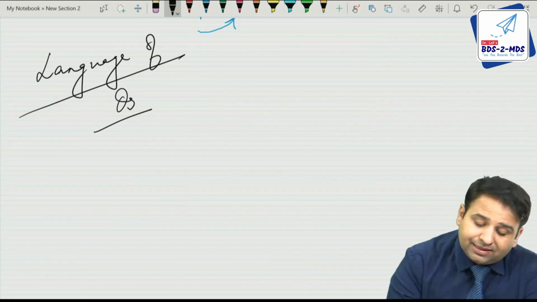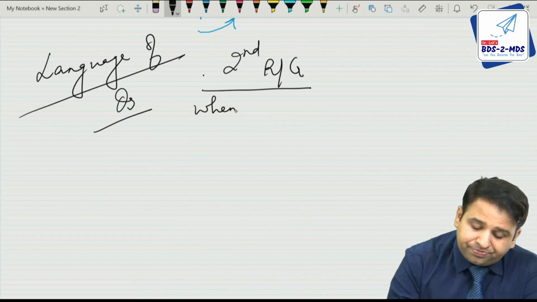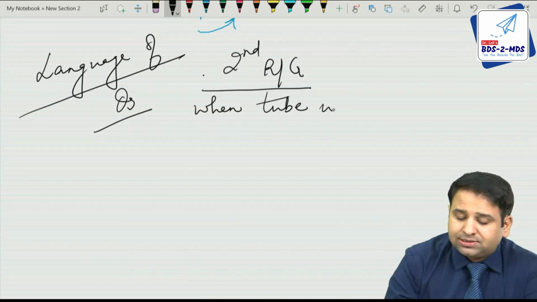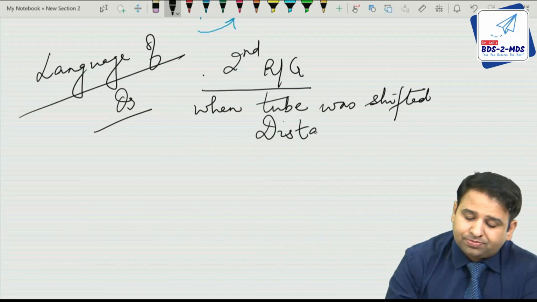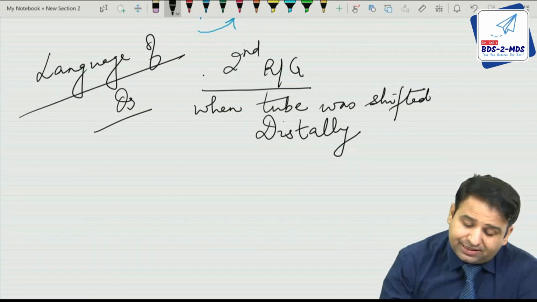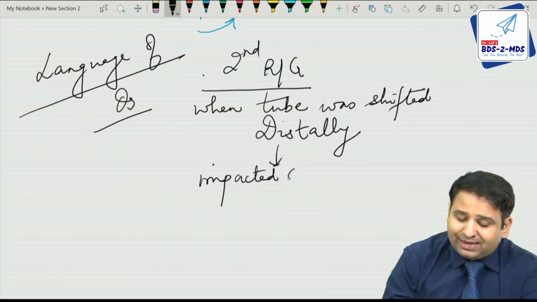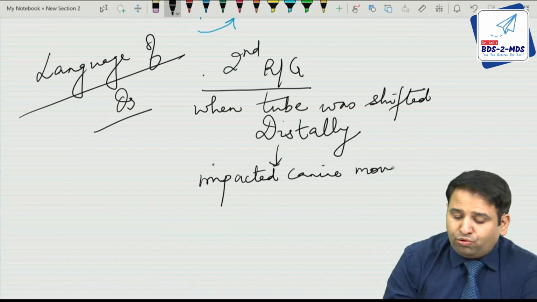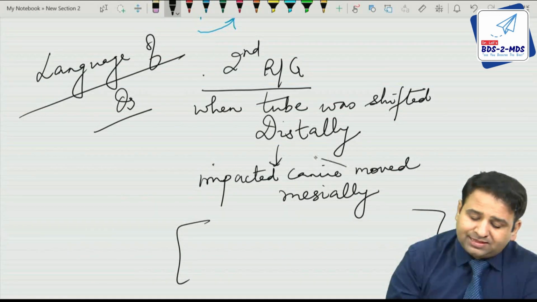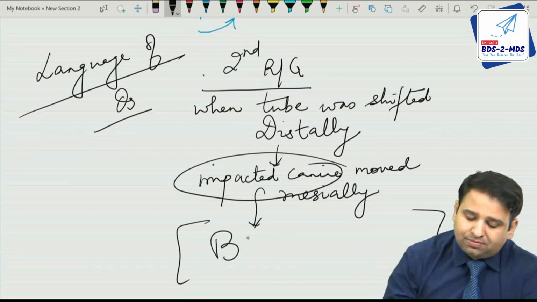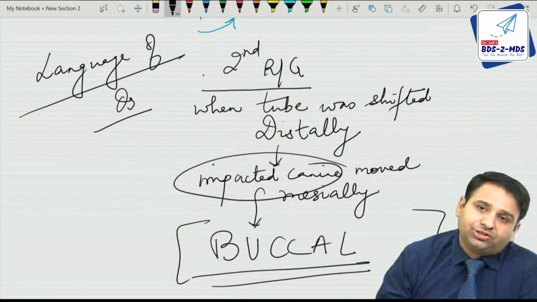If the question says that in the second radiograph, when the tube was shifted distally, the impacted tooth or impacted canine moved mesially, that means this impacted canine is lying buccally, because it moved in the opposite direction, right?